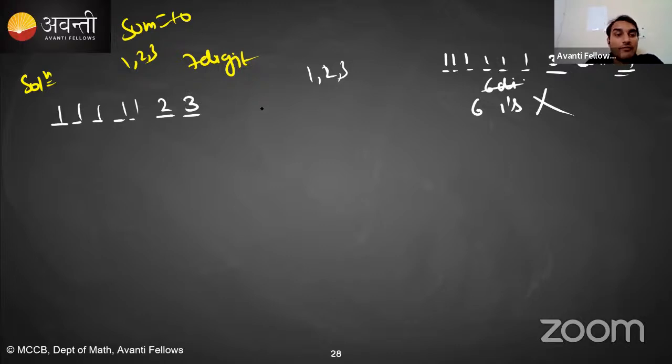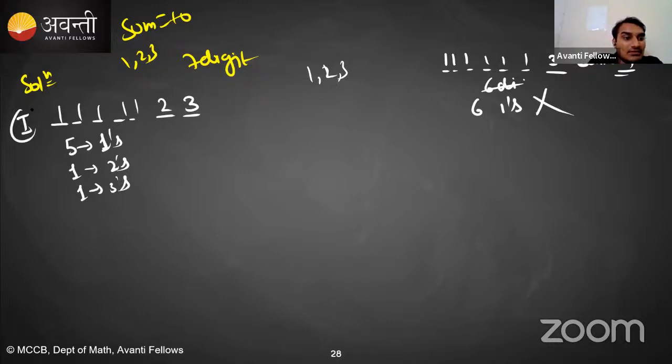So one of the ways of forming a 7 digit number is by using 5 ones, 1 two and 1 three, right? If you use 5 digit 1, 1 digit 2 and 1 digit 3, then your sum becomes 10, right? Is there any other possibility? So in 5 ones, this is the only possibility. Yes or no?